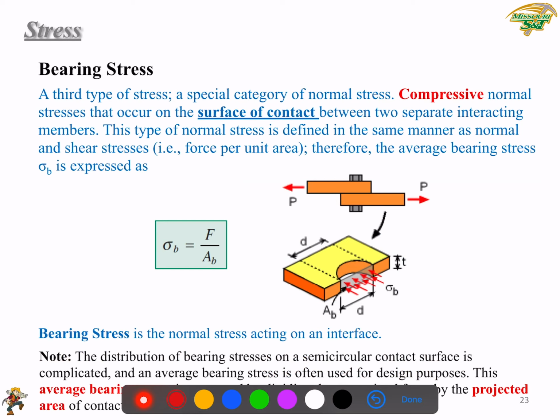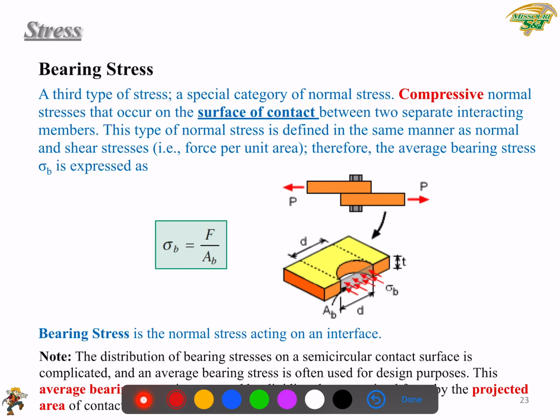The third type of stress is a special one, which is called bearing stress. This is the third type, a special category of normal stress. Its nature is a normal stress due to compression at the interface. The compressive normal stresses that occur on the surface of contact between two separate interacting members are called bearing stress.